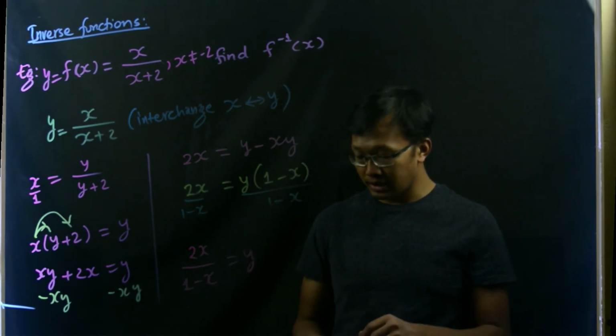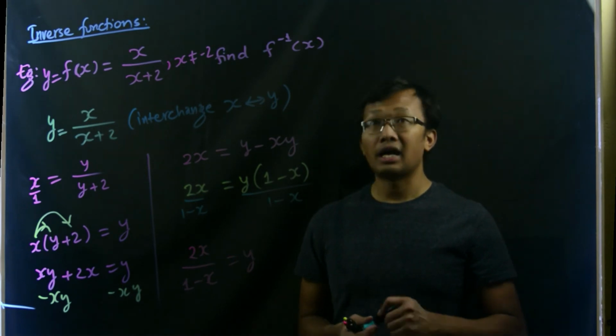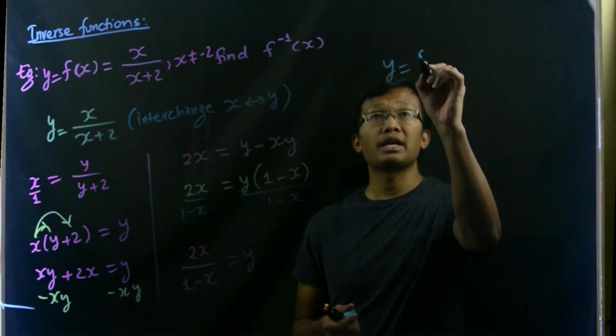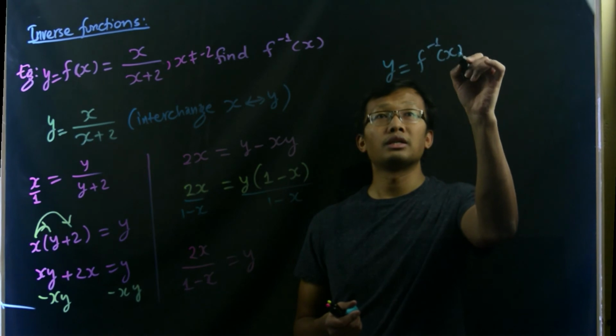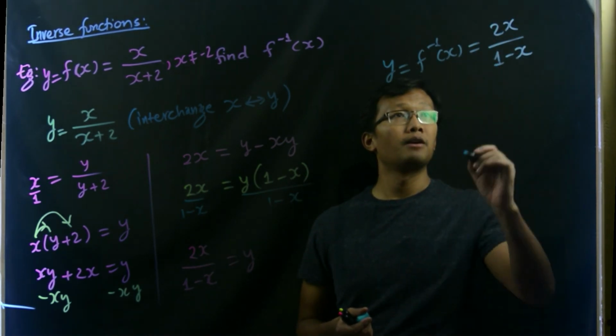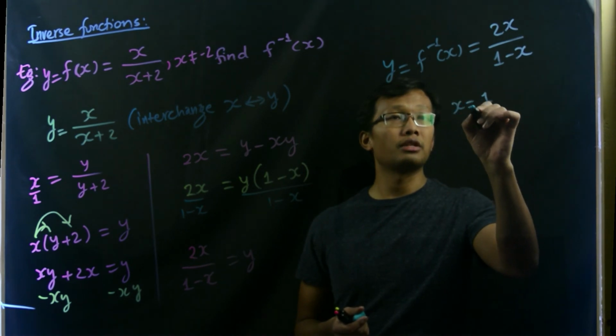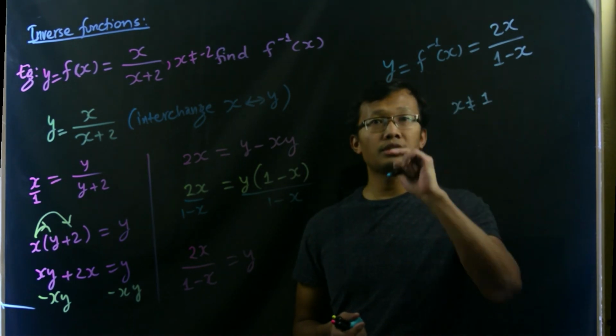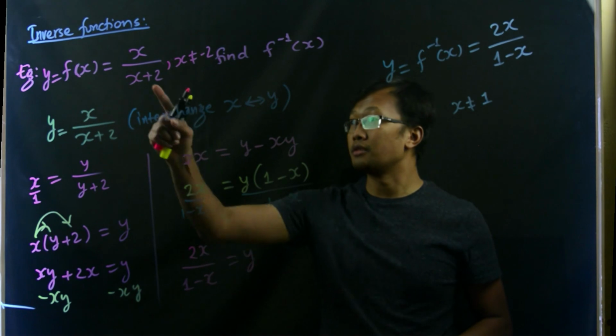So y is isolated in one place. Then y equals f inverse of x is 2x over 1 minus x, where x is not equal to 1. So this is the formula for f inverse of the given function.